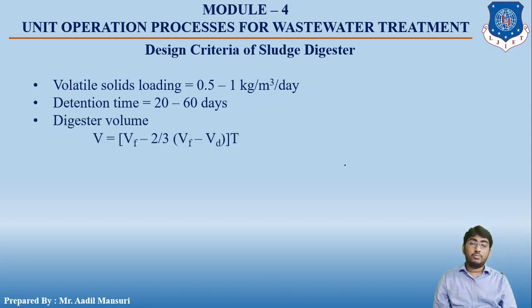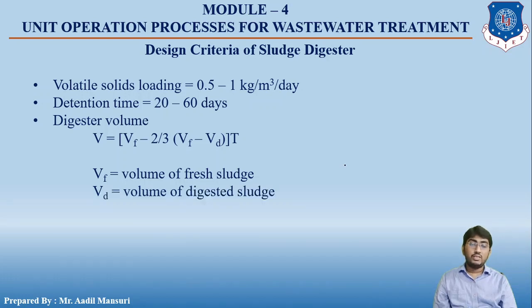Digester volume is found out by this formula: Vf minus 2/3 of (Vf minus Vd) into capital T, where Vf is the volume of fresh sludge, Vd is the volume of digested sludge, and T is the digestion time in days.